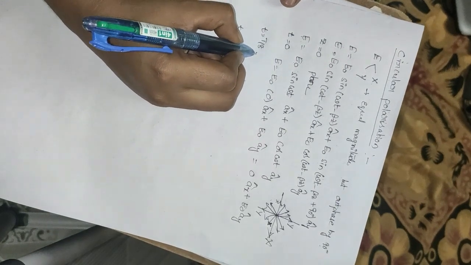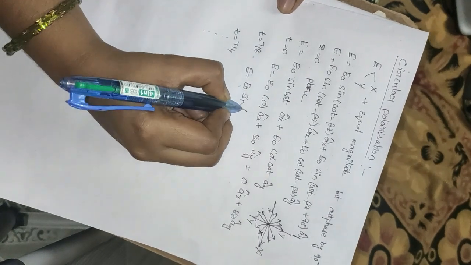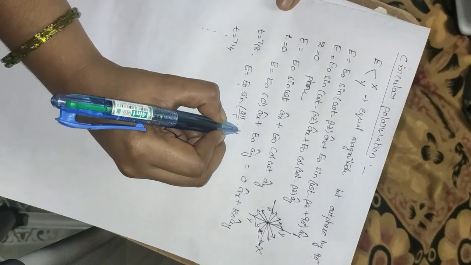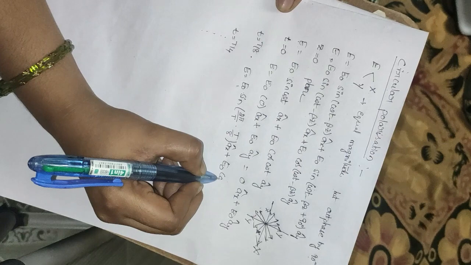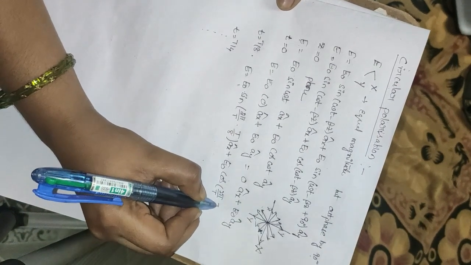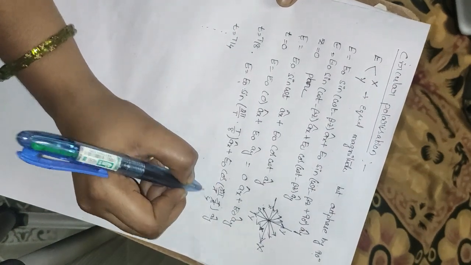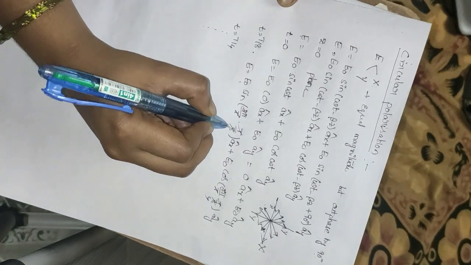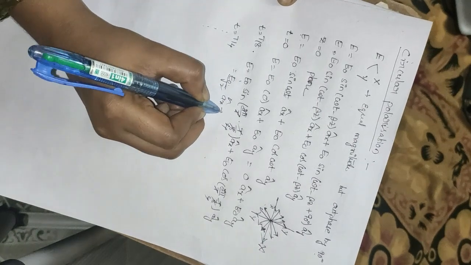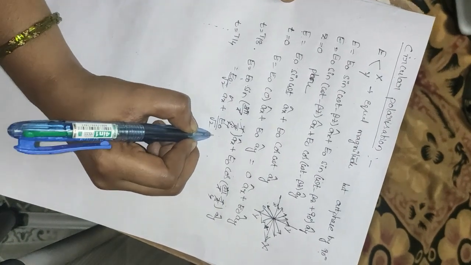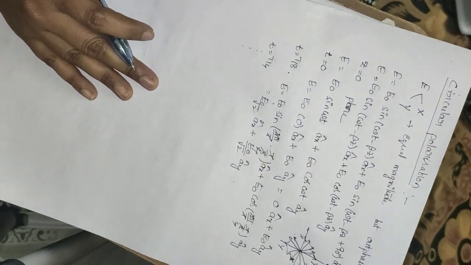So for t is equals to T by 8, E is equals to E naught into sin of omega, which is 2 pi divided by T, into T by 8 ax cap plus E naught into cos of 2 pi by T into T by 8 ay cap. So it will become pi by 4. So E naught into sin pi by 4 is 1 by root 2 ax cap plus same, cos pi by 4 is 1 by root 2 ay cap. This is the magnitude of x and y axis at t is equals to T by 8.